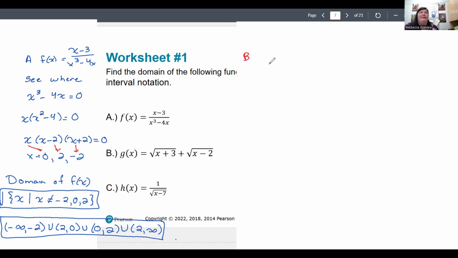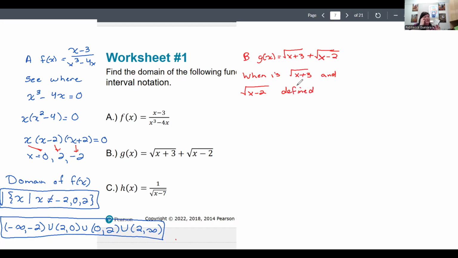Now if we look at B, it has two radical expressions making up our equation. We have g of x is equal to the square root of x plus 3 plus the square root of x minus 2. We want to know when the square root of x plus 3 and the square root of x minus 2 are defined.